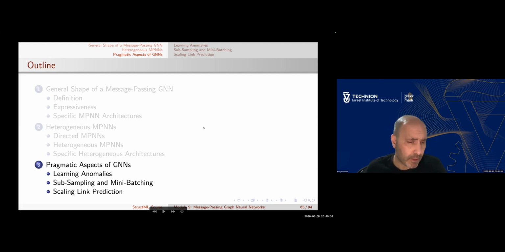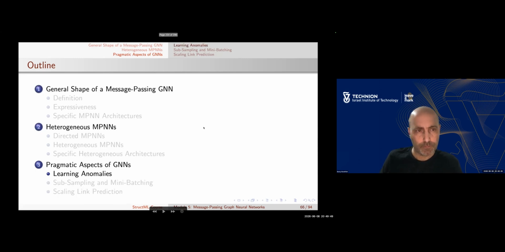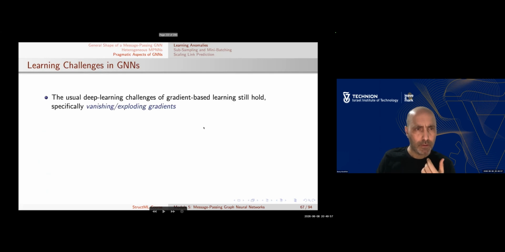And some of these pragmatic aspects are just carried over from the fact that we are applying deep learning, and some are actually specialized to graphs, to GNNs. Okay, let's start with learning anomalies or training anomalies.